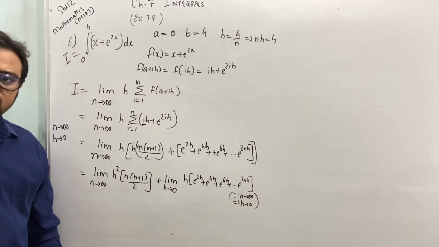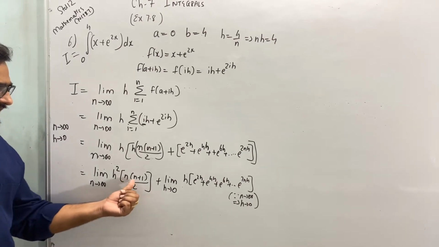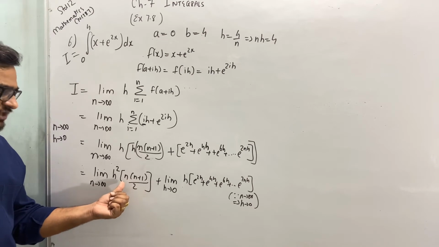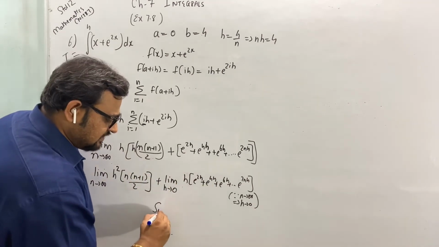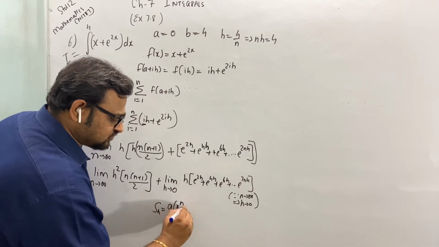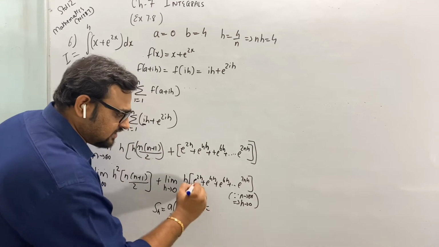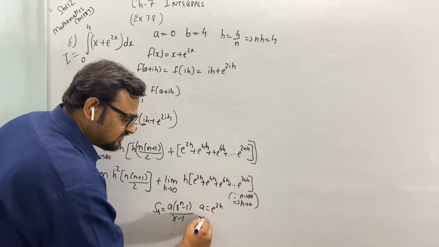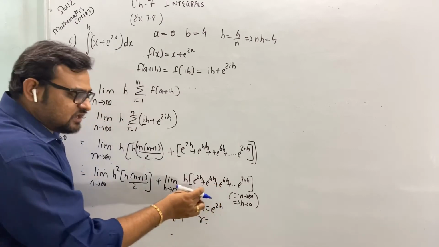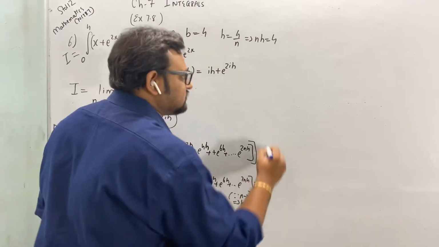Clear? Okay. So now see here, here we will take n common from both, so h square n square. Here again Sn equal to a into r raised to n minus 1 upon r minus 1. So what is our a here? e raised to 2h. And what is our r? e raised to 4h divided by e raised to 2h, again e raised to 2h.